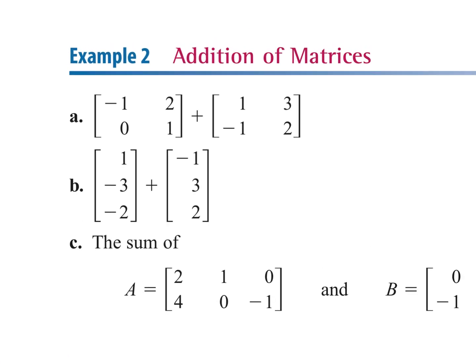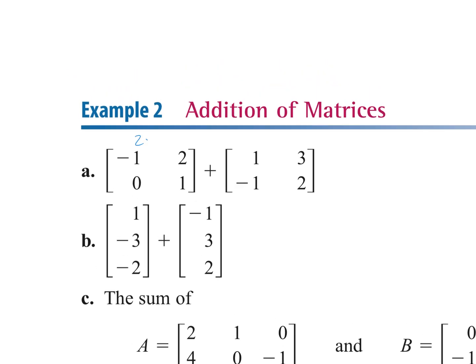First thing you need to do is make sure the dimensions are the same. So what are the dimensions of the first matrix in A? It's a 2 by 2, row by column. What is the dimension of the second one? It's a 2 by 2. So since the dimensions are the same, can we add them? Yes. So you just keep the corresponding entries with the corresponding entries. Top left with top left. What's -1 plus 1? 0. If you want to go down, that's fine.